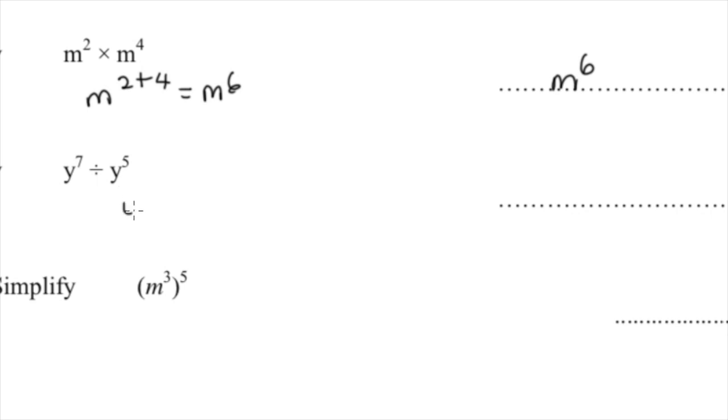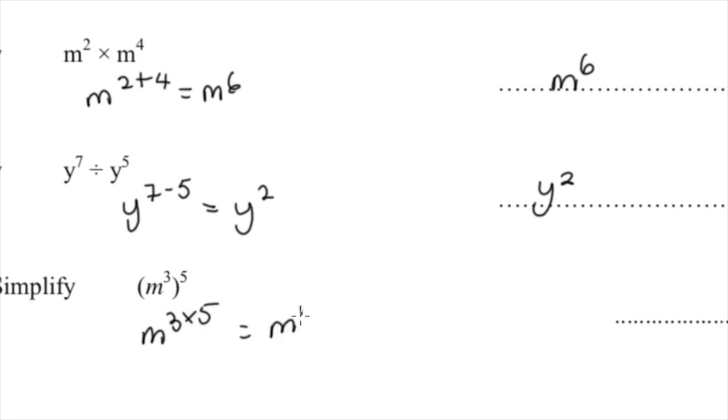So we subtract the powers, which is equal to y to the power of 2. Then this one, it says simplify m to the power of 3 in brackets to the power of 5. So like what we learned, we multiply the powers, which is equal to m to the power of 15.